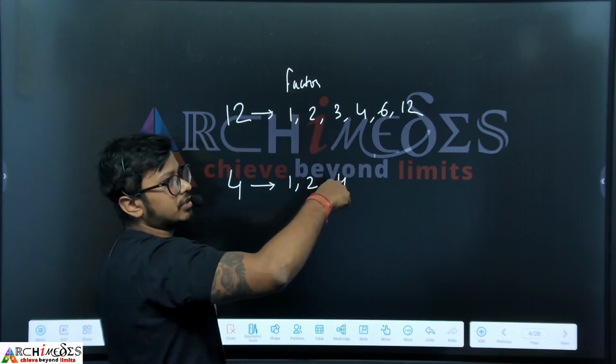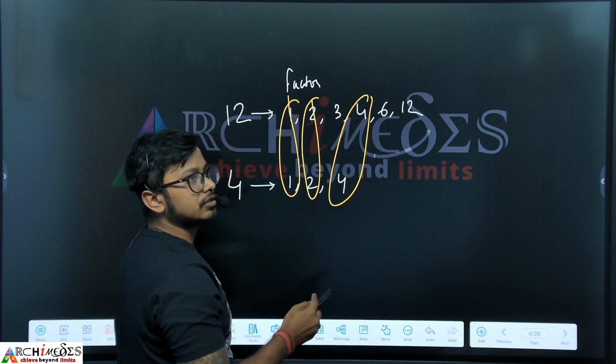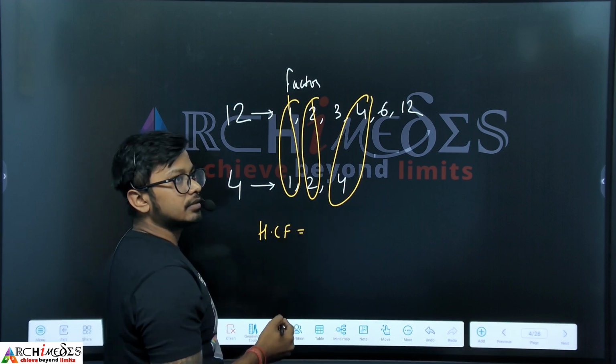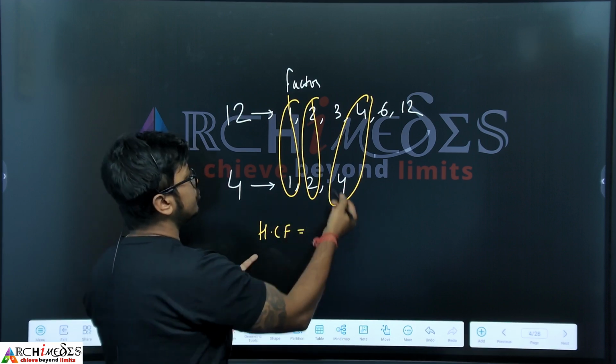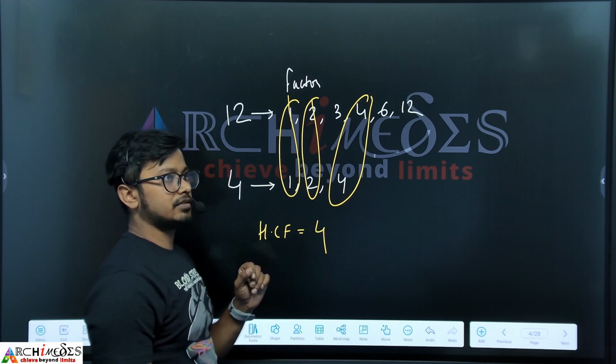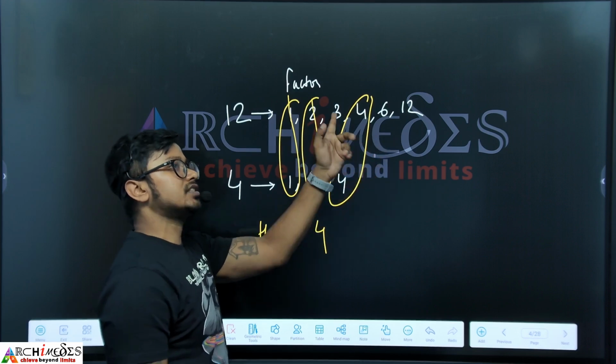So what is a common factor actually? The common factors are 1, 2 and 4. But what is the HCF full form? Highest common factor. Out of these, which is highest? 4. This is how HCF comes. There is more than one common factor, but out of them, which is the highest?